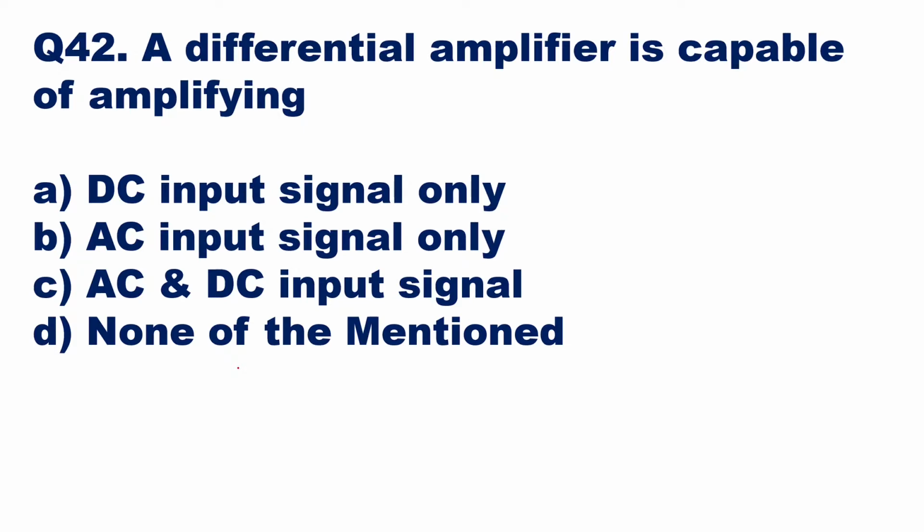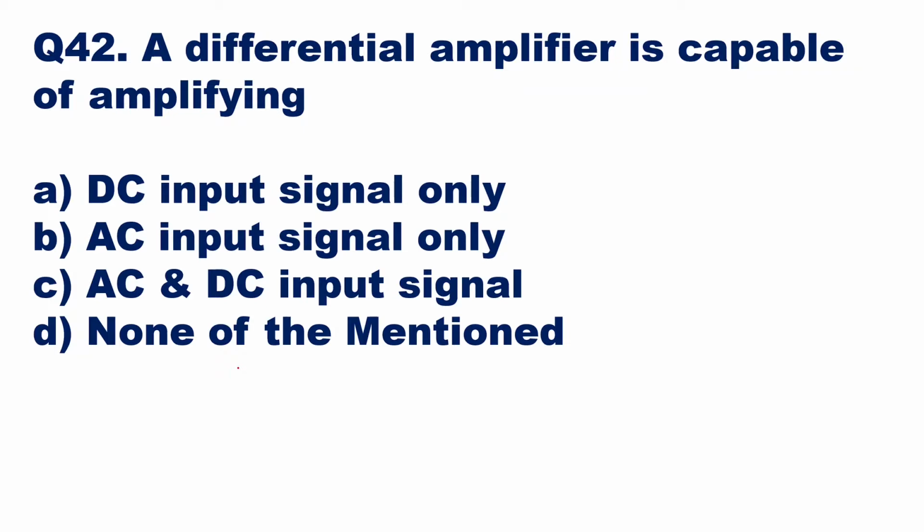There is no component used when you connect one stage to another stage. Because of direct coupling, we don't have to use any capacitor or anything. So there is no chance that any DC is blocked or any AC is blocked. So AC and DC both can be passed, and low frequencies also can be passed.